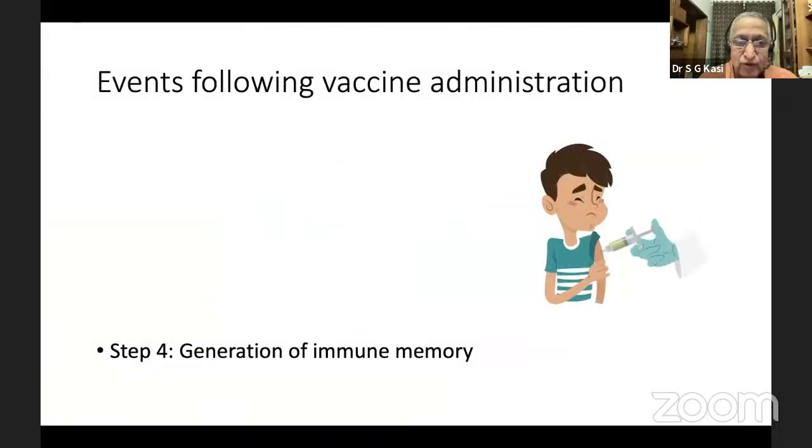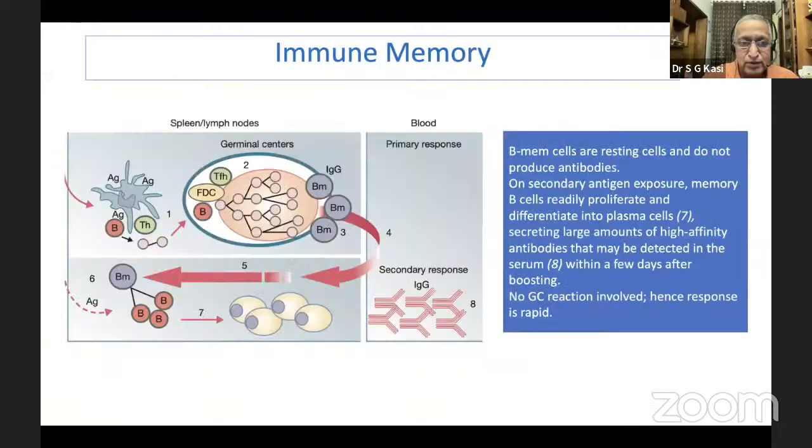Last, we come to generation of the immune memory response. We must remember that once this germinal center reaction has occurred, B memory cells are formed which transiently enter the circulation and go and sit in niches in the bone marrow and the spleen. These B memory cells are quiescent cells. They do not produce antibodies. They're just sitting quietly.